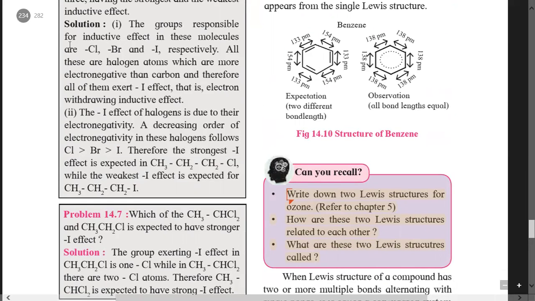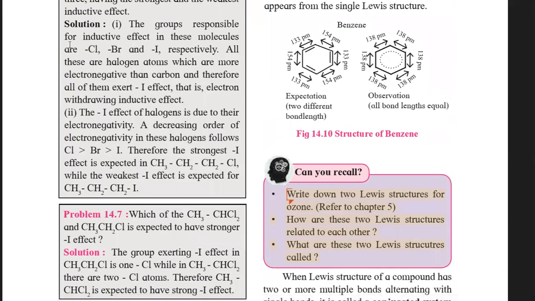We know benzene has molecular formula C6H6, and the benzene molecule consists of a hexagon with 3 double bonds and 3 single bonds in alternate positions. So this is the structure of benzene.